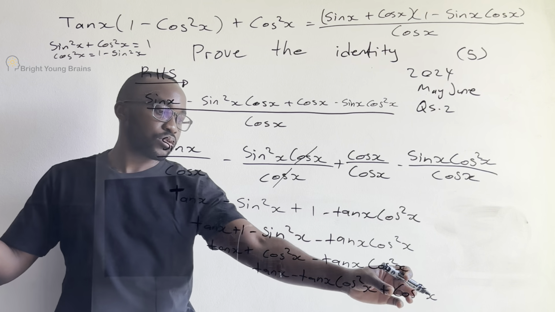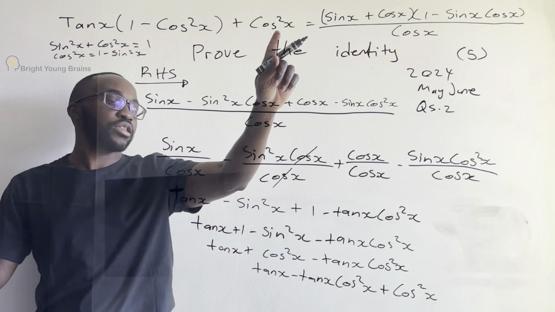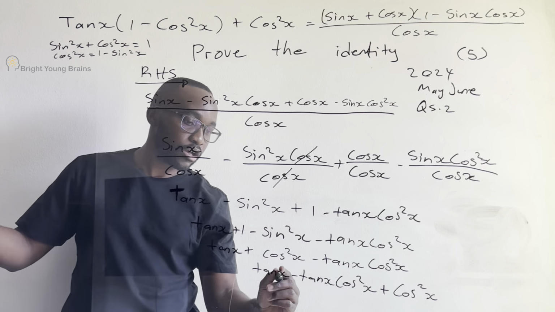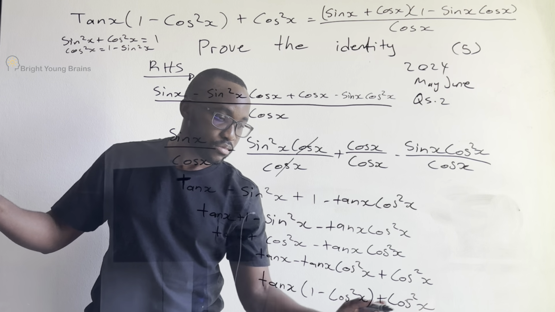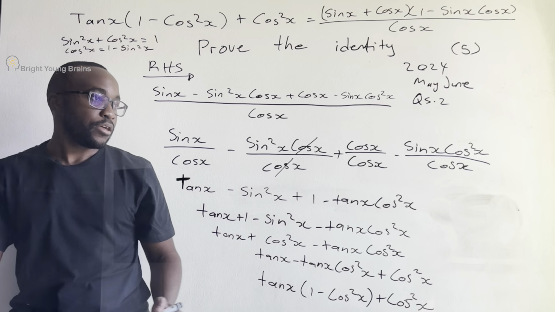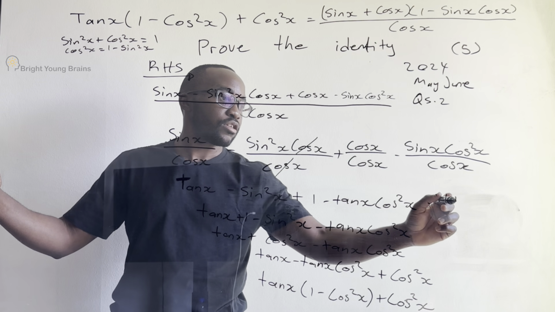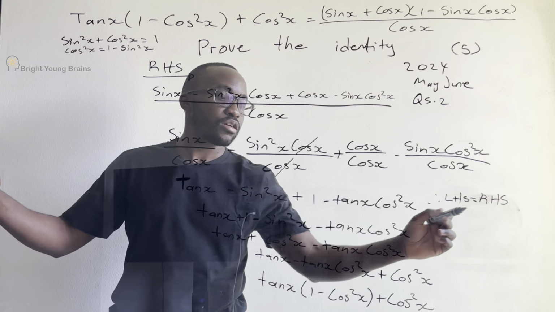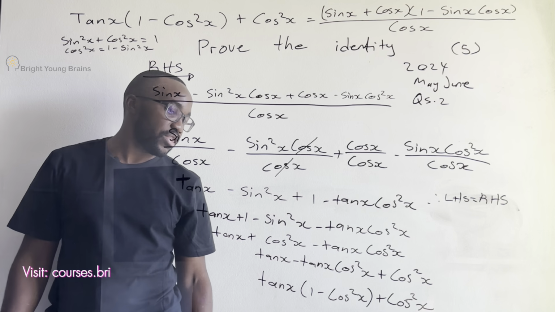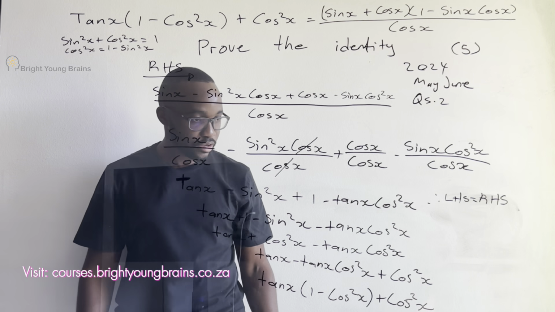So this cos squared x, we can easily just say that's the cos squared x here. Here we take out tan x as a common factor. There you go. And then you can easily say, therefore, the left hand side is equal to the right hand side. You've proven that the left hand side is definitely equal to the right hand side.